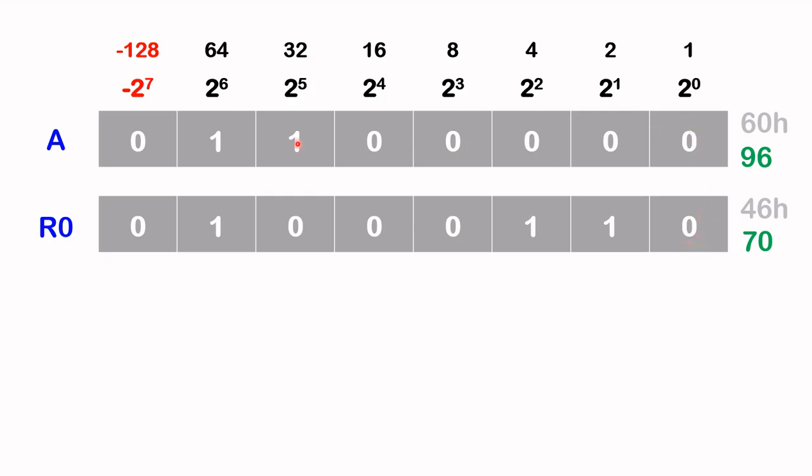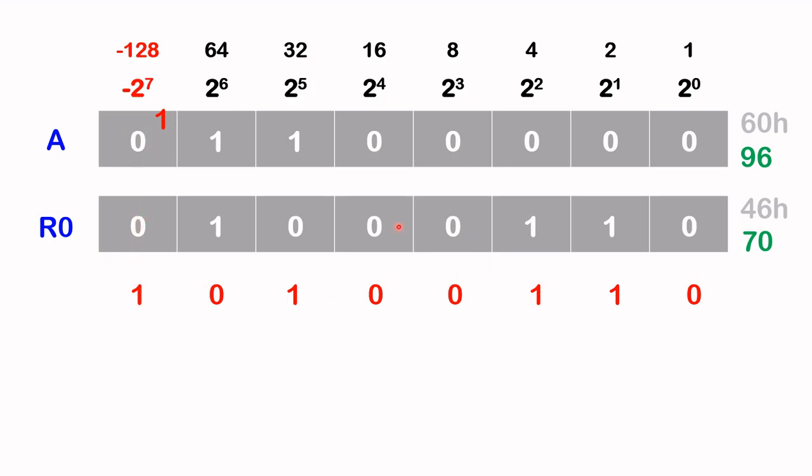Okay, so let's add these two numbers up in binary. So 0 plus 0 is 0, 0 plus a 1 is a 1, 0 plus a 1 is a 1, 0 plus 0 is a 0, 0 plus 0 is a 0, 1 plus 0 is a 1, 1 plus 1 is a 0, carry 1 forward, and if you add 0 to a 1, that's a 1, and 1 plus 0 is a 1.